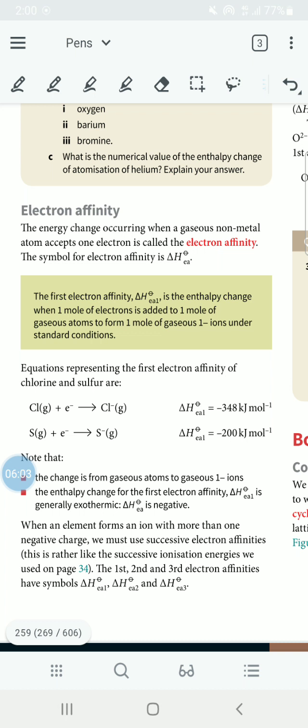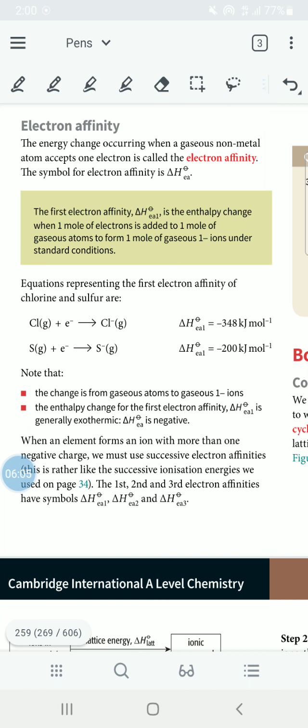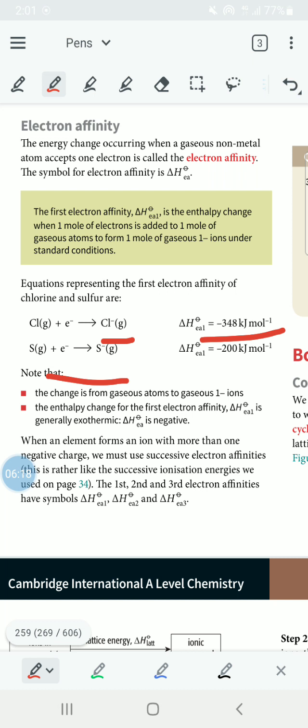Right? So now if you take chlorine gas, Cl(g) plus e gives Cl minus (g). And as you can see, there is a negative sign here.